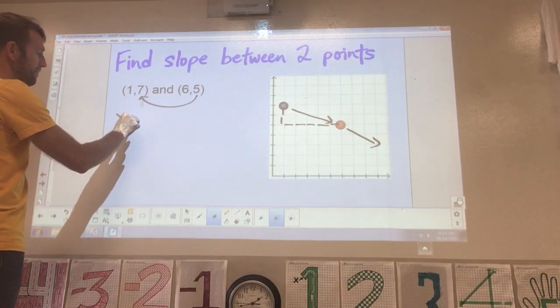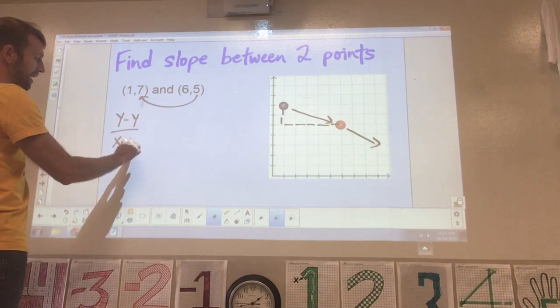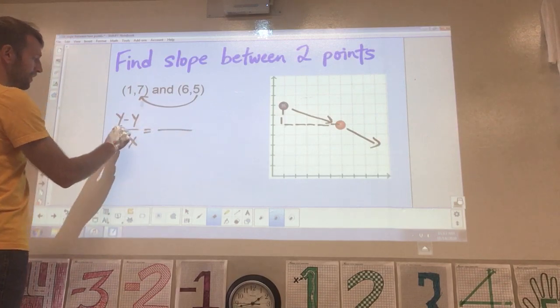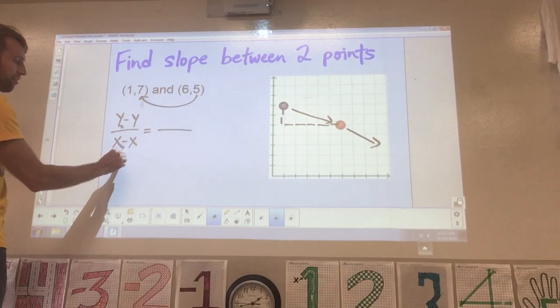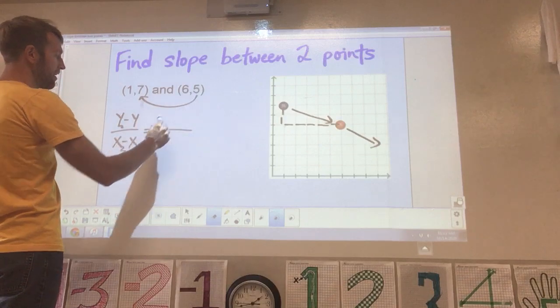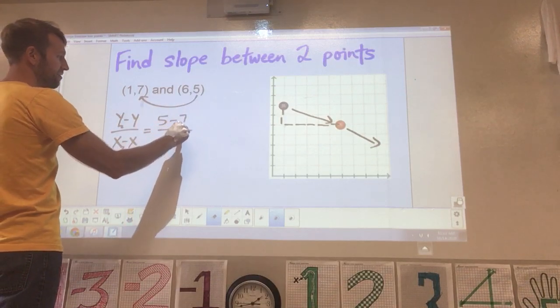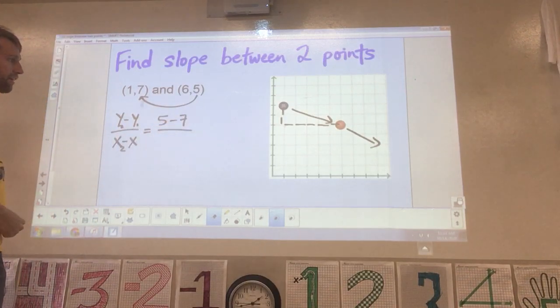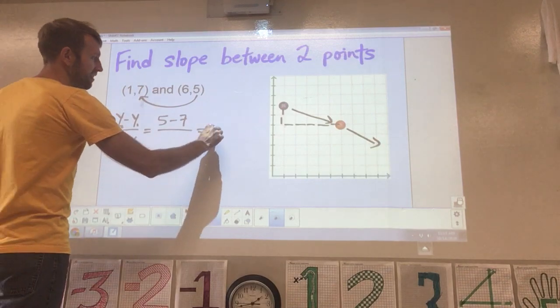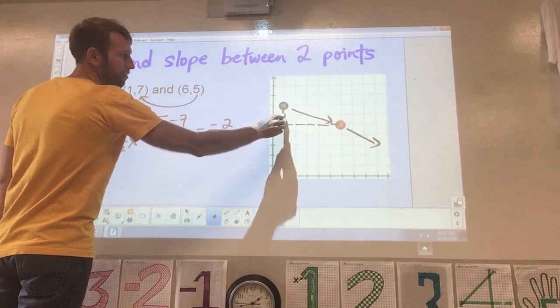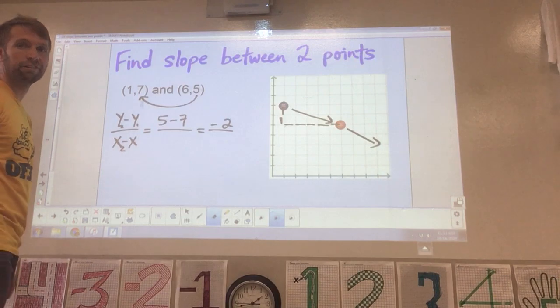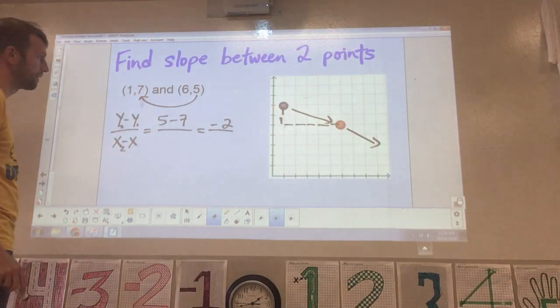So we want y minus y over x minus x, and we like to take that second value to start off. So I'm going to take 5 minus the 7, which was the first value. That is a negative 2. Hey, didn't we have negative 2 as our rise on that graph? Not really a rise, actually a drop, right?